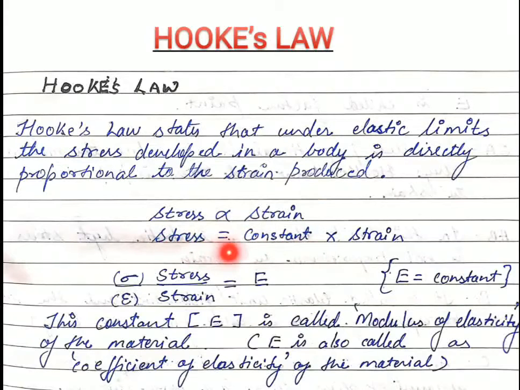So stress is equal to constant into strain, and here this constant is taken as E. So stress upon strain will be equal to E, and stress is denoted by the symbol sigma and strain is denoted by the symbol epsilon, where E, which is a constant, is called the modulus of elasticity of the material, and E is also called the coefficient of elasticity of the material. Okay, students, let us see the next topic.